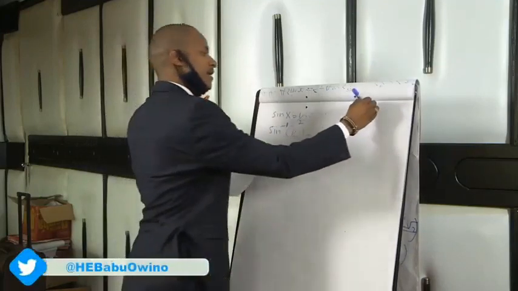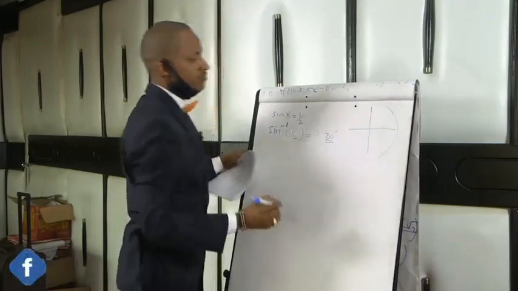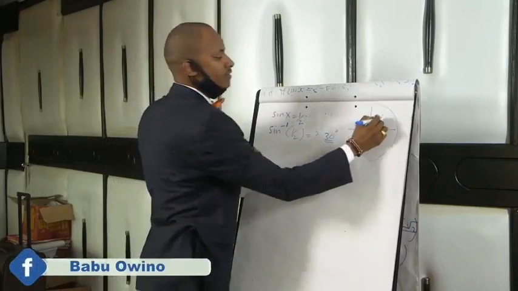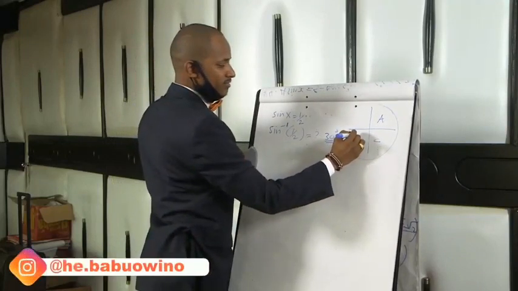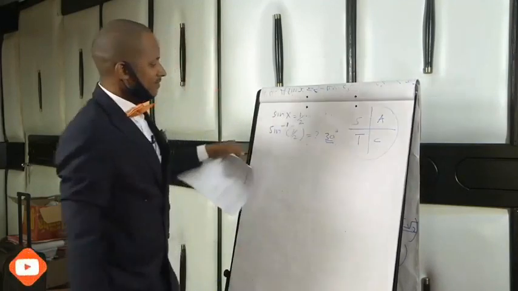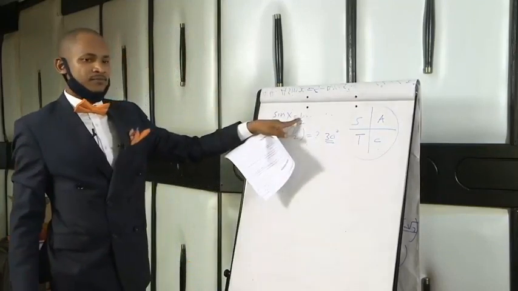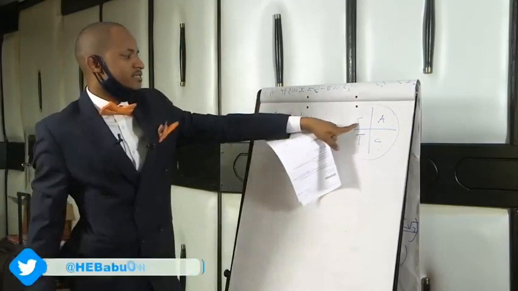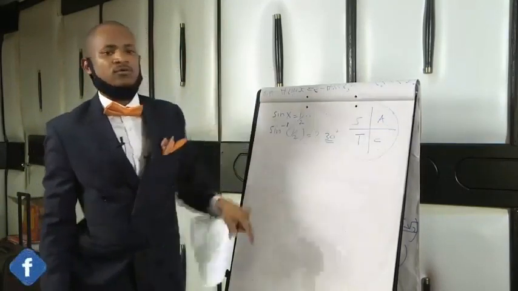Therefore, you come again and draw the quadrant circle. In the circle we said all Christians, say with me, terrorizing Satan. So the angle is 30 degrees. But this time round it's positive. Sine is positive in the first quadrant and in the second quadrant only.